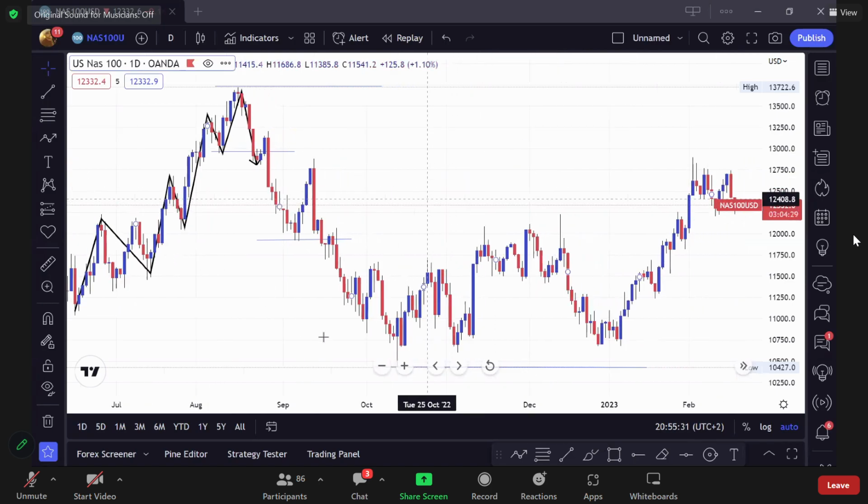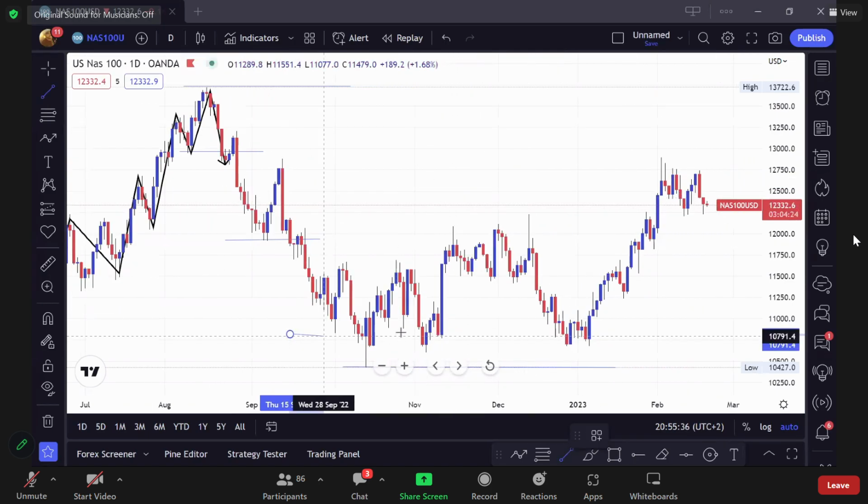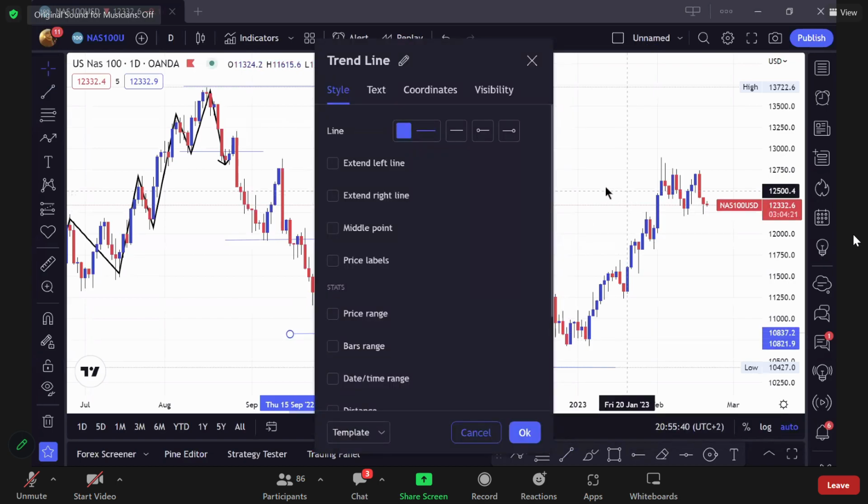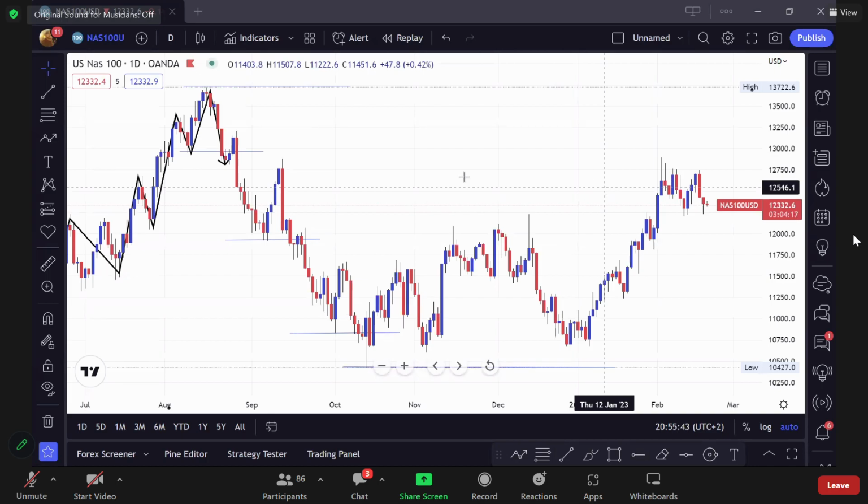Another break of structure. Now, what I want to see is a complete body closure. That is it, to identify my change of character and to identify my break of structure. Simple as that.